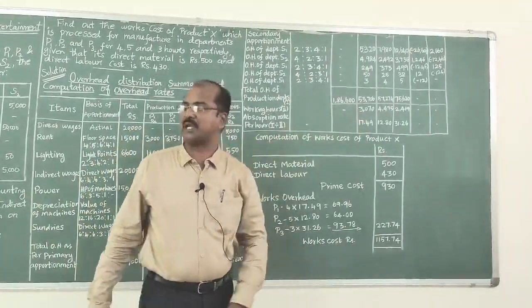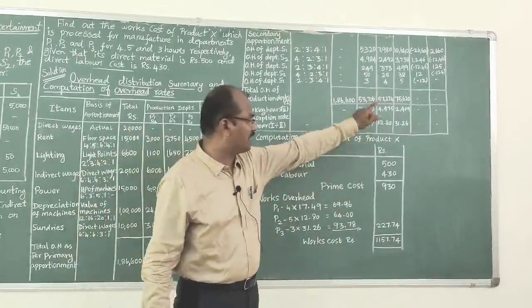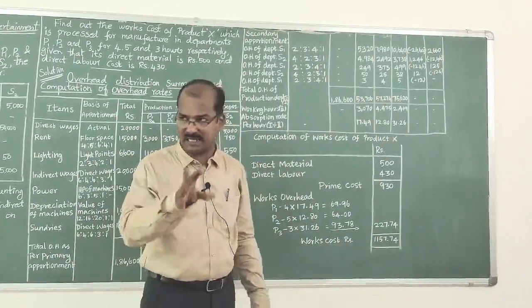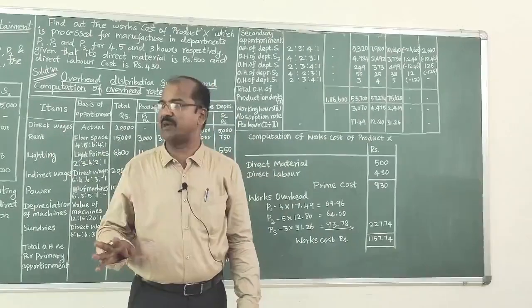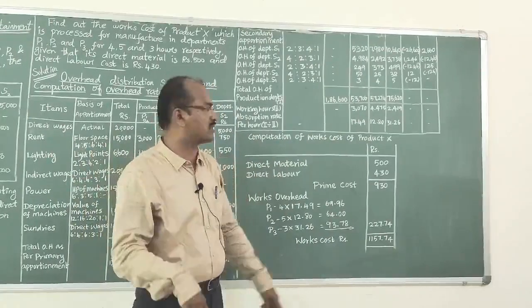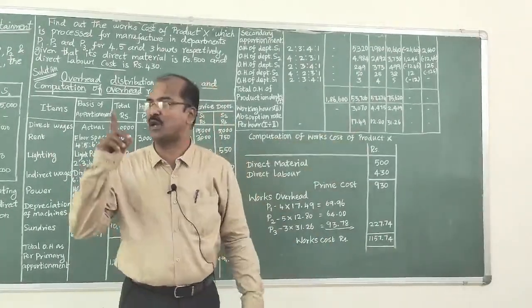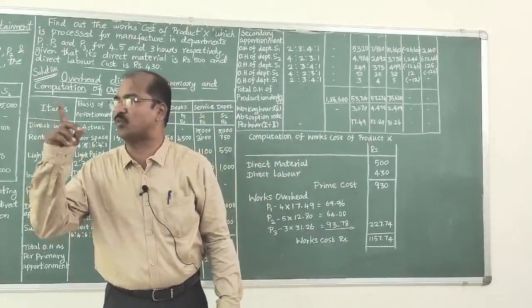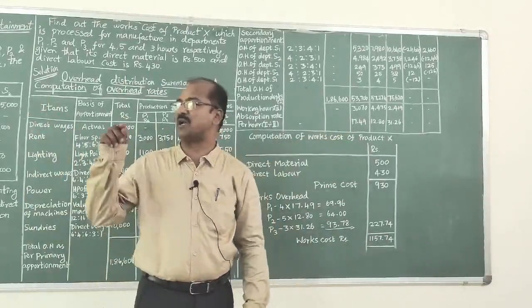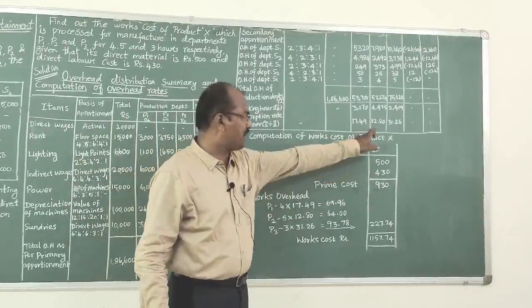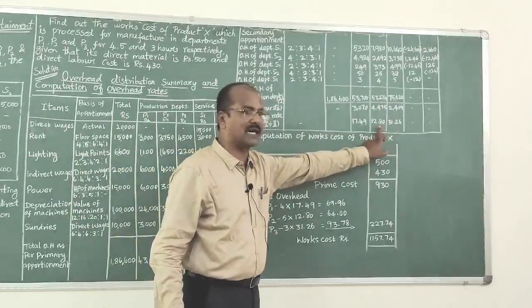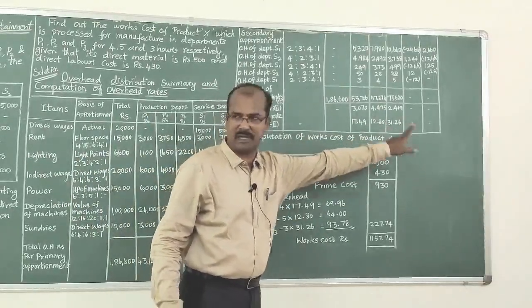For example, with regard to the P1 department, overhead is 53,706 rupees divided by 3,070 hours. What is the overhead rate for 1 hour of production department 1? It comes to 17.49. In the same way, you can calculate the overhead recovery rate for the P2 and P3 departments.